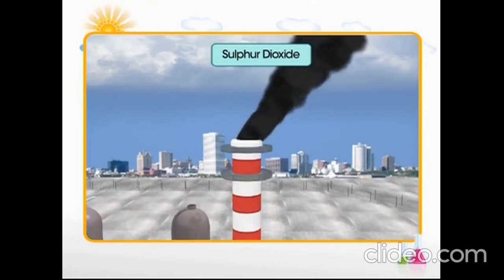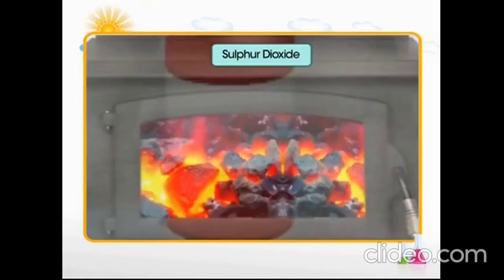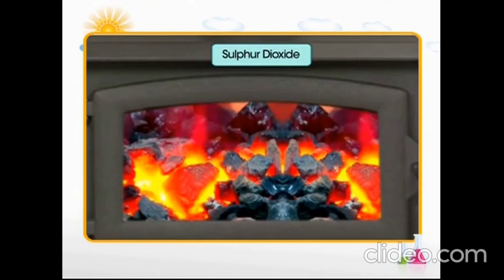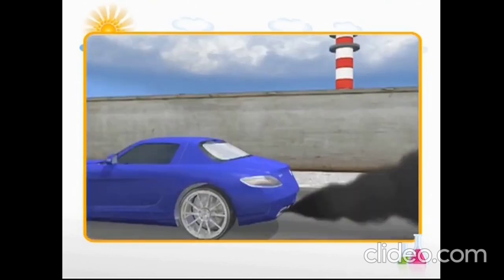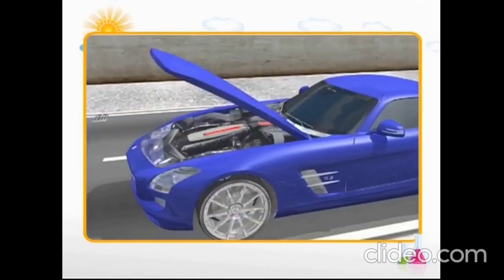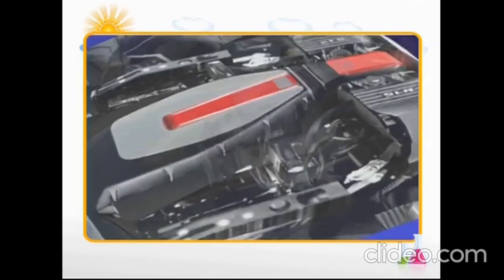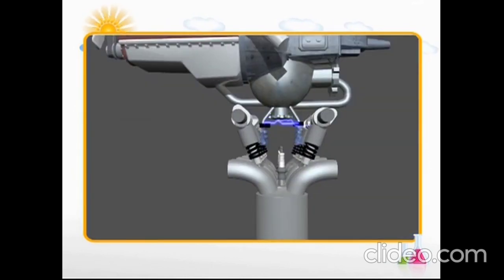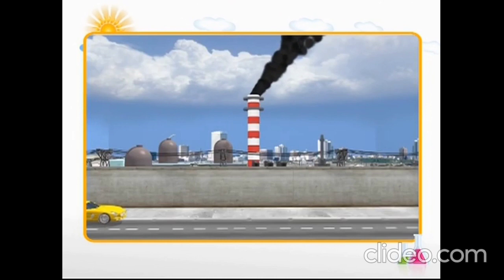It is produced as a result of burning of sulfur-containing fossil fuels like crude oil or coal. Oxides of nitrogen, mainly nitric oxide and nitrogen dioxide, are produced as a result of incomplete combustion of fossil fuels like coal and petrol. These toxic gases are released to the air mainly from automobile exhaust and industrial emissions.